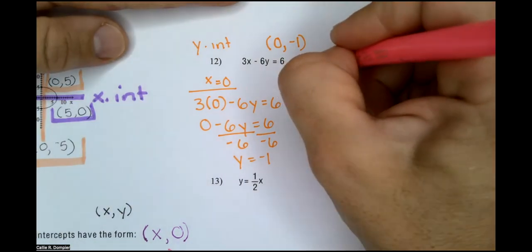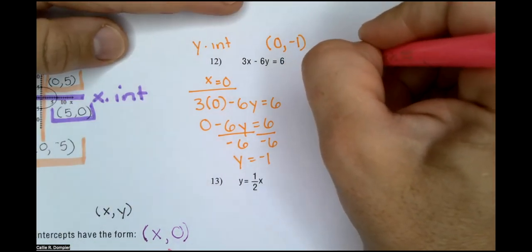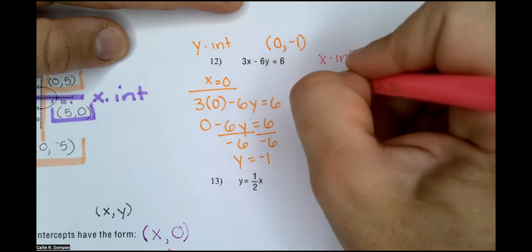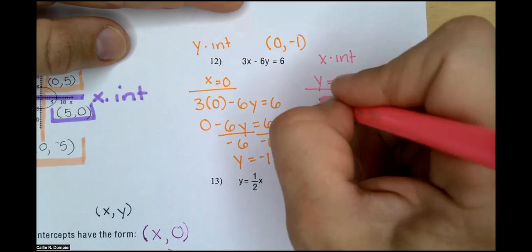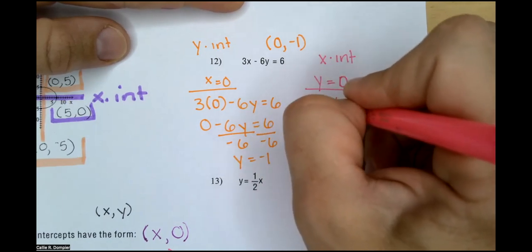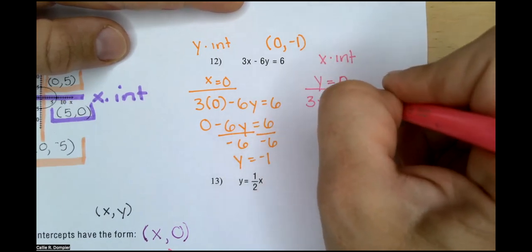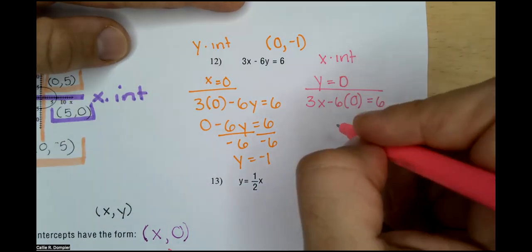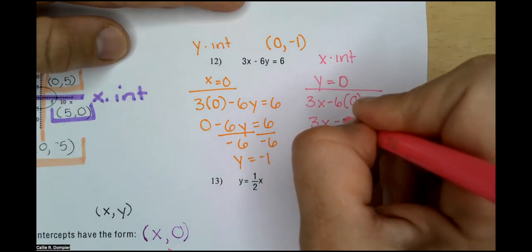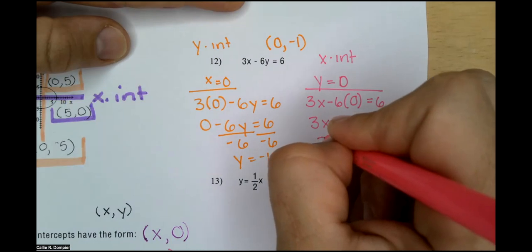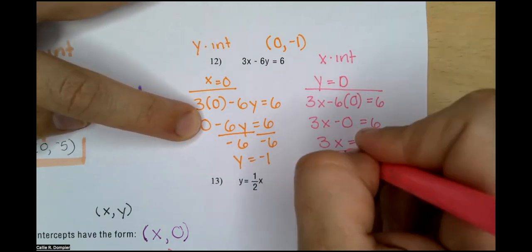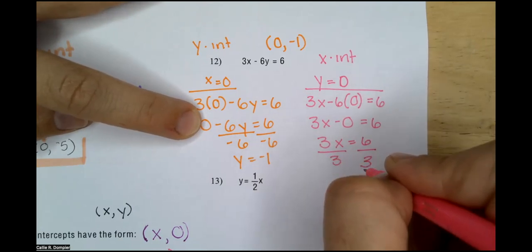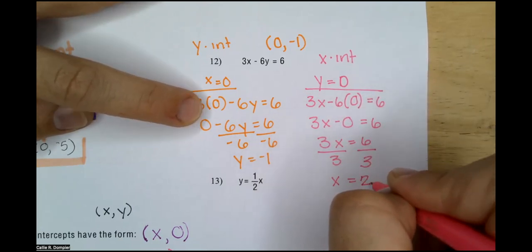To find my x-intercept, y is equal to, or sorry, 0. 3x minus 6y, but y is now 0. Good. 3x minus 0 equals 6. 3x equals 6. Sorry, I kind of rushed that one. Divided by 3, divided by 3, x equals 2.